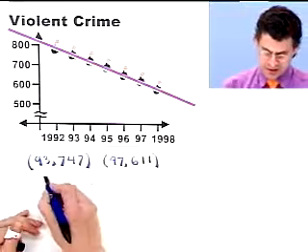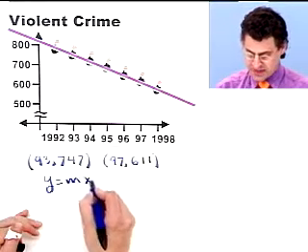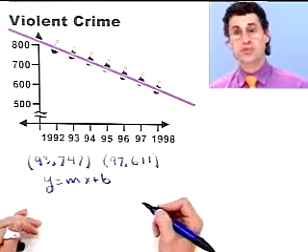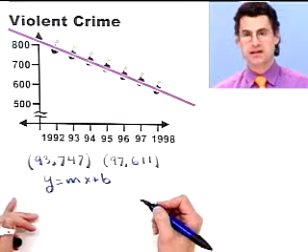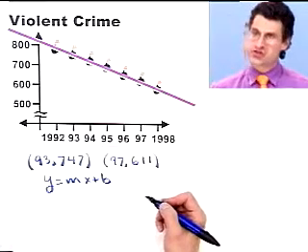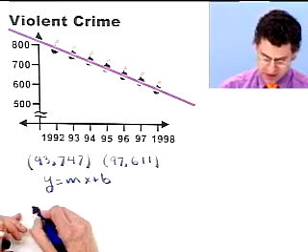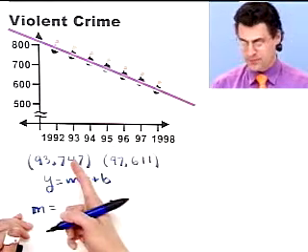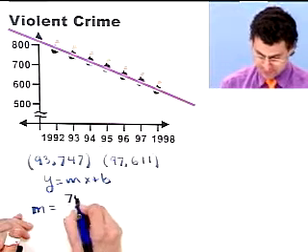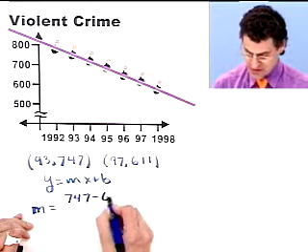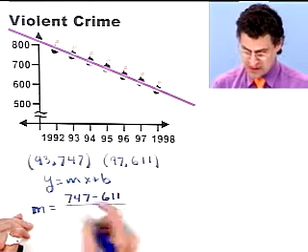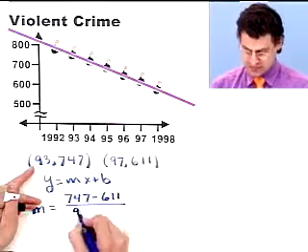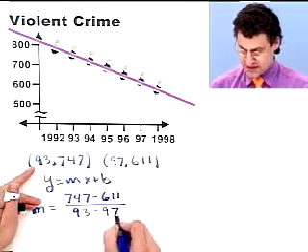Because remember, the equation for the line is y equals mx plus b. Now, what's the slope? The slope is the change in y over the change in x. So to find the slope, I have to take, let's say, this y value minus that y value, so 747 minus 611. And then I take this x value minus this x value.